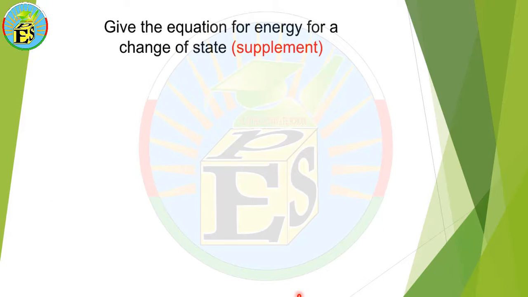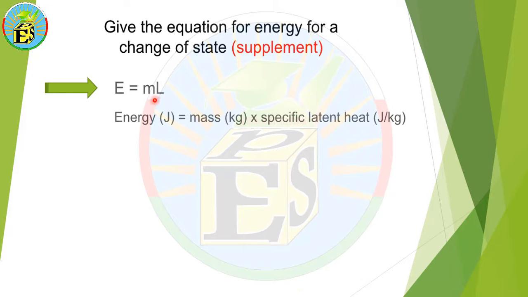Next question. Give the equation for energy for change of state. Yes, E equals mL. L is the latent heat, m is the mass, E is energy. So E is the amount of energy used to change the matter from liquid to gas or from solid to liquid.